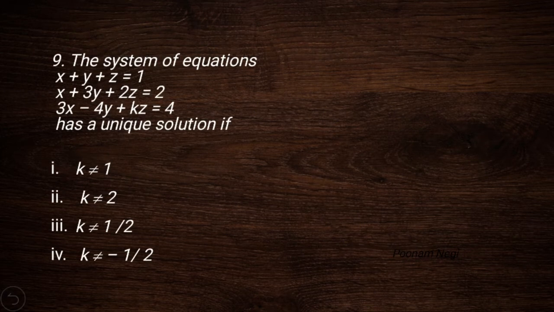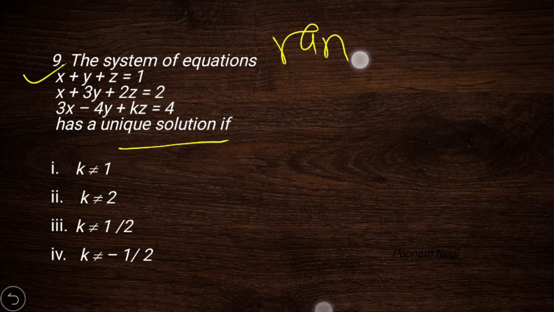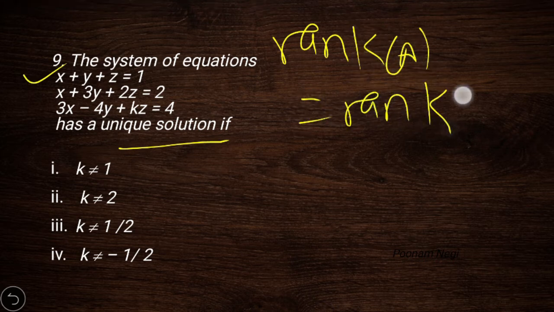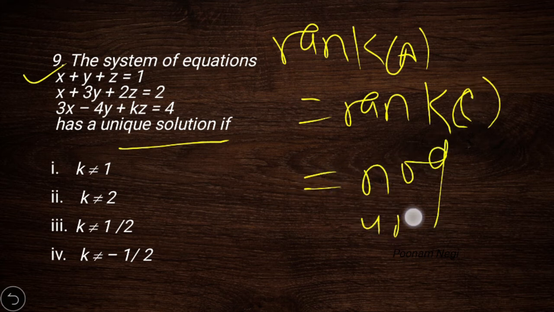Next question is, a system of equations is given. It has a unique solution if, as we know, in any system of equations a unique solution exists only if the rank of matrix A equals the rank of matrix C equals the number of unknown variables.